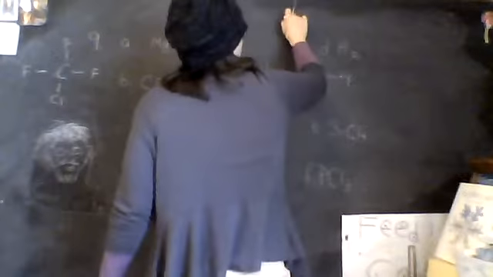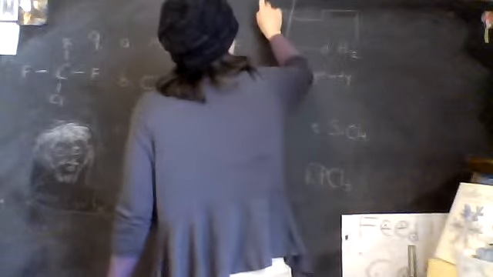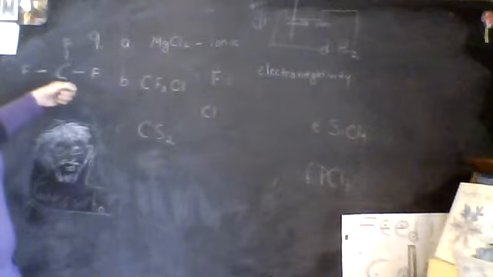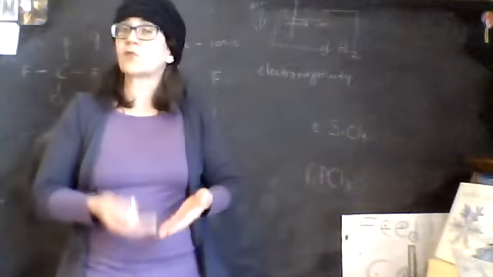Generally speaking, we're looking at the periodic table. As you go down, electronegativity decreases, and as you go to the right, it increases. Fluorine and chlorine are in the same column, so they're neither to the left nor the right of each other. One is above and one is below.